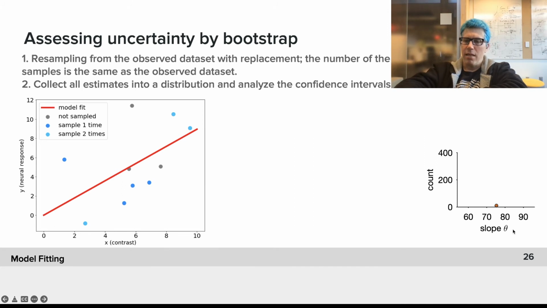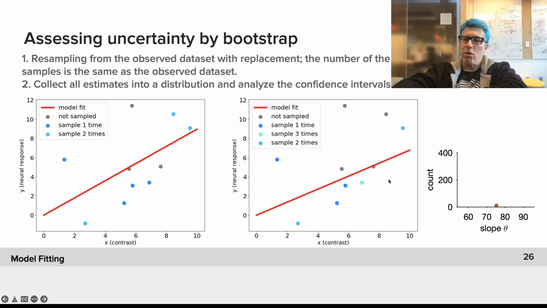In this case, our slope theta might be, let's say, 75 or something like that. And we could do the same thing again, where we would get different points. Now these 4 points were not sampled, but these points were sampled, and this point was actually sampled 3 times.